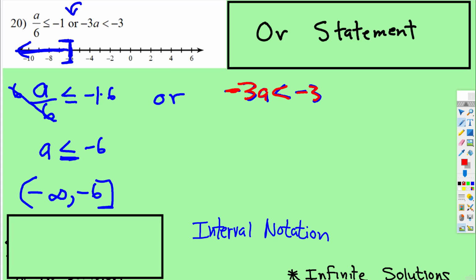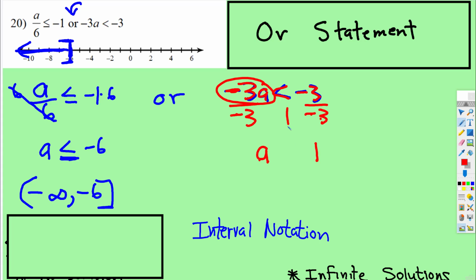All right, so over here, the inverse of multiplying by -3 is dividing. And look at what happens when a negative divided by a negative is a positive. So this now becomes a, and when we divide on this side, a negative divided by a negative, we get +1. Both of these signs flipped. It went from negative on this side to positive. It went negative on this side to positive because the signs changed.